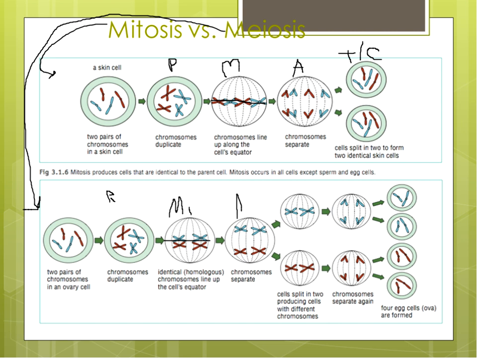Then you have anaphase 1, and then telophase / cytokinesis 1. And then it'll go through the whole process again. Prophase 2, which it doesn't show, metaphase 2, anaphase 2, and then finally telophase 2 / cytokinesis.